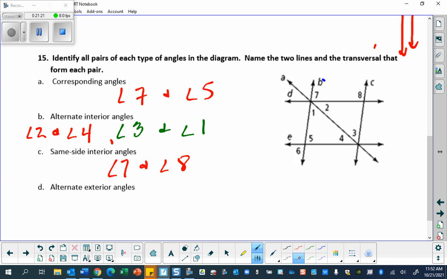So if I had parallel lines D and E, which transversal? If I had transversal A, in order for me to have consecutive interior angles, angle 4 would have to include this, right? So 1 isn't enough. It doesn't go up to the line. Do you see it? Yeah. That's a tricky diagram.